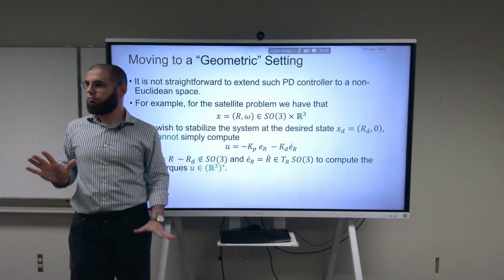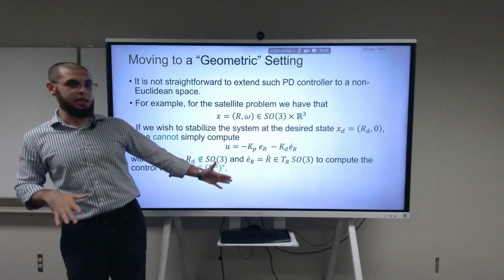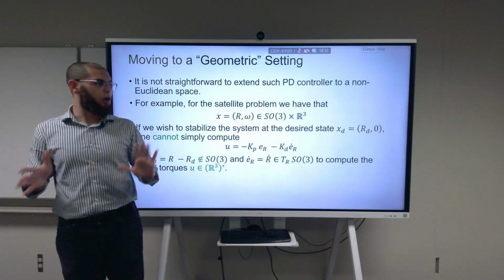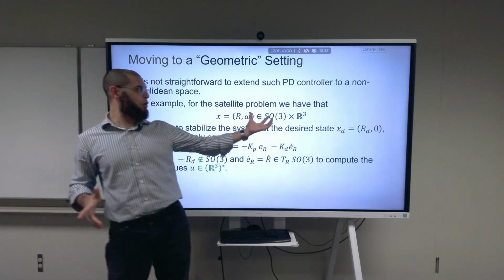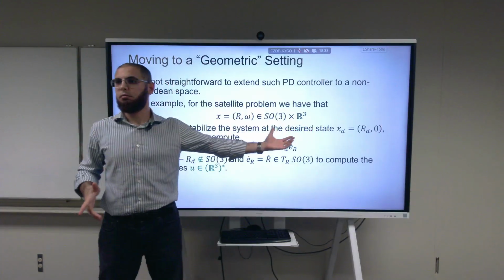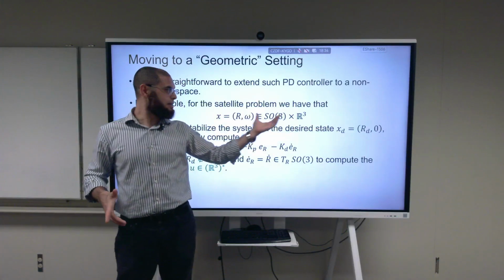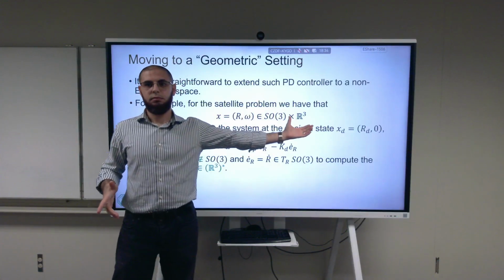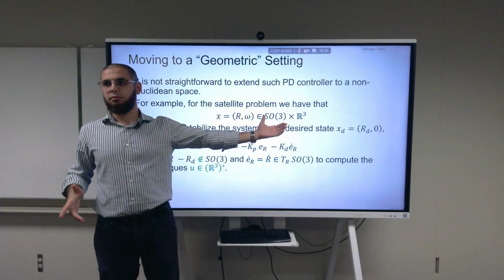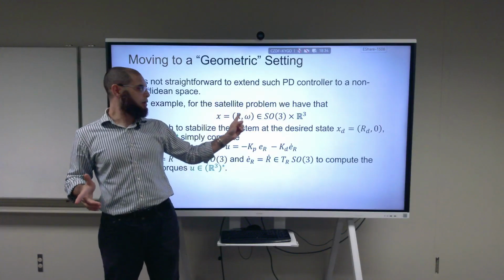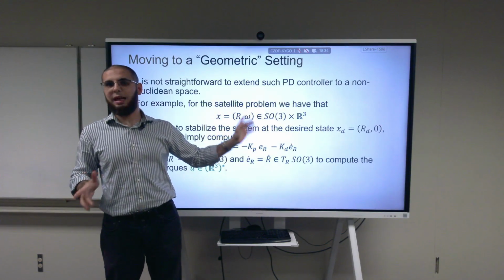We'll see. The same stuff that we said here holds also for a general UAV, or for a general rigid body. The only difference is that instead of SO3 and R3, you get SE3 and R6. You have the H and the whole twist, and everything is exactly the same.